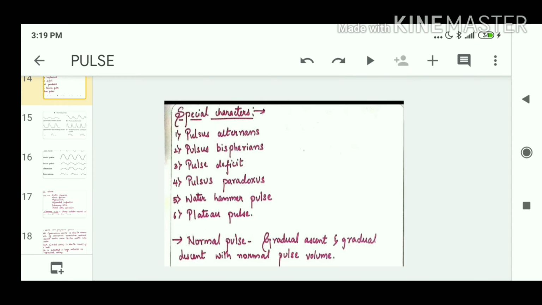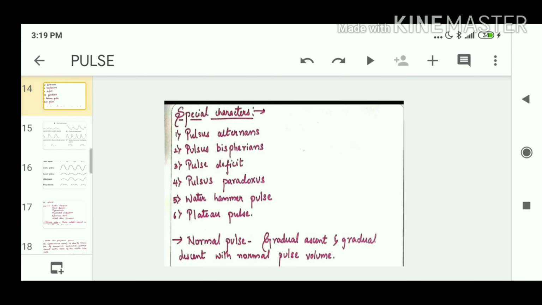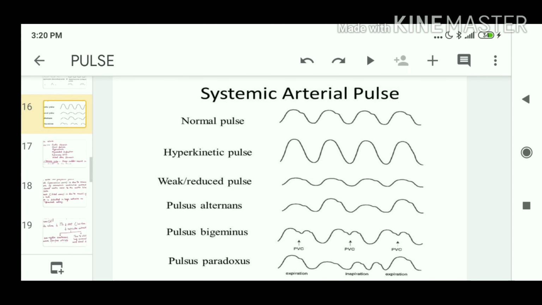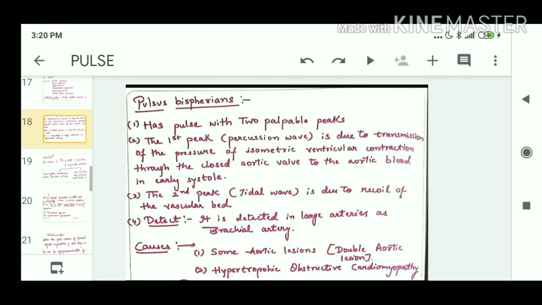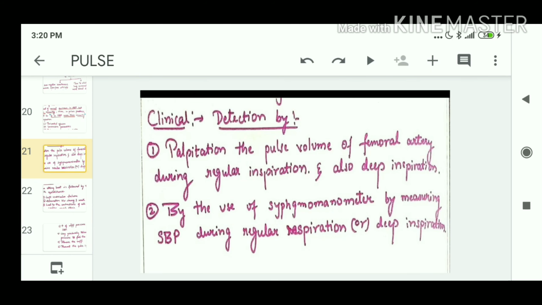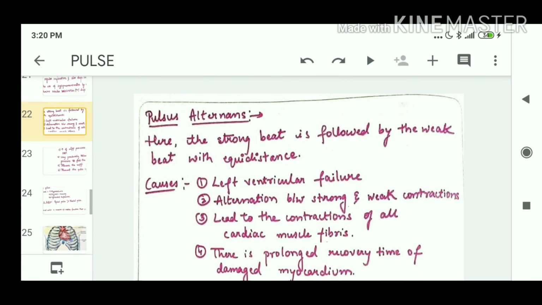In a normal pulse there is a gradual ascent and gradual descent with normal pulse volume. Remember these diagrams so you can differentiate the special characters of a pulse. You also saw how to clinically detect them.